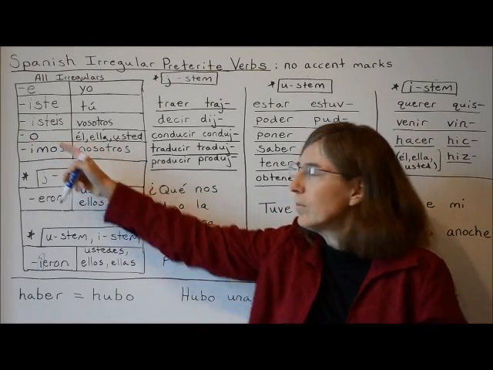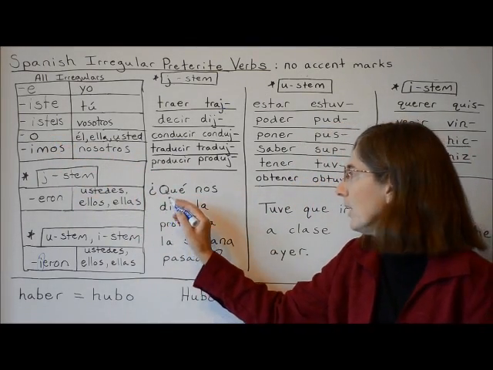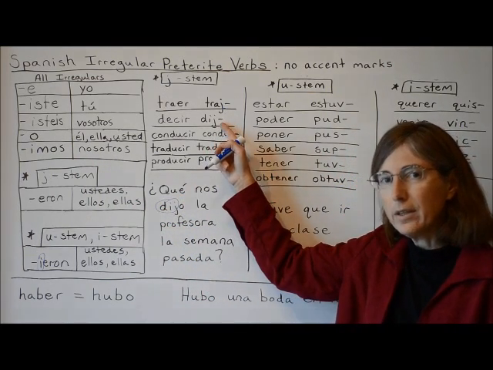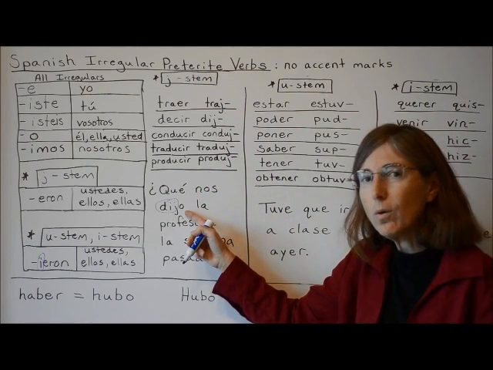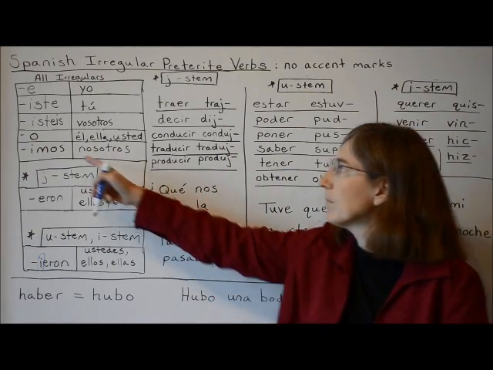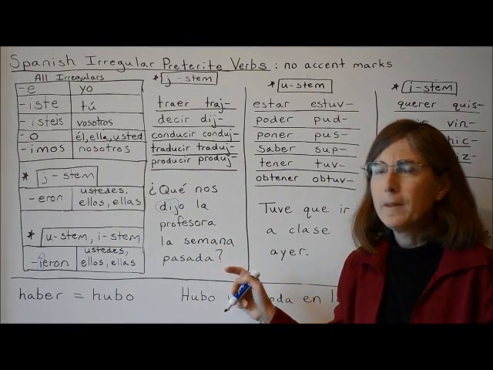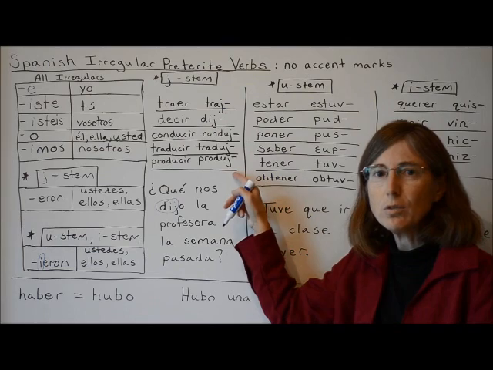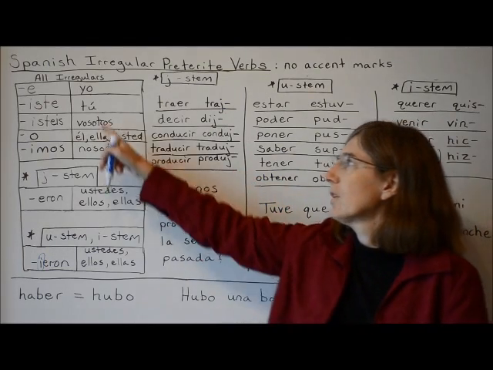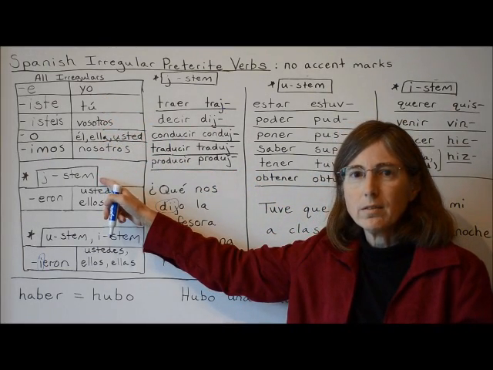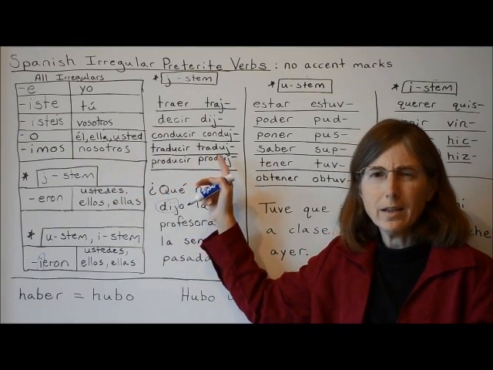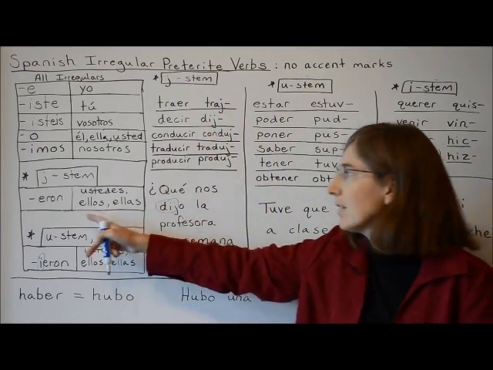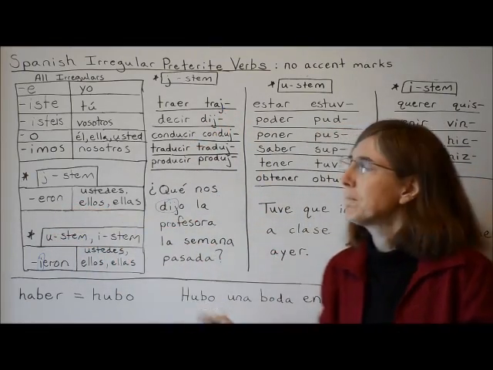You can see the ending O. So here's the stem dij, and there's the O from the usted, él, ella form. Okay, so all of these verbs become the stem shown here, and then you would use one of these endings. But if it's the ustedes, ellos, ellas form, then, since this is J stem, we'd use the eron ending.